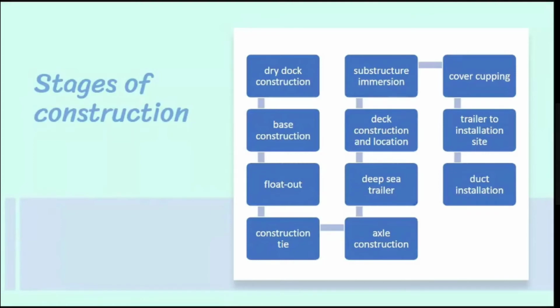Next, I present the different stages necessary for the construction and location of concrete platforms. Dry dock construction, base construction, float out, construction tie, axle construction, deep sea trailer, deck construction and location, submarine immersion, cover copy, trailer to the installation sites, and dock installation.